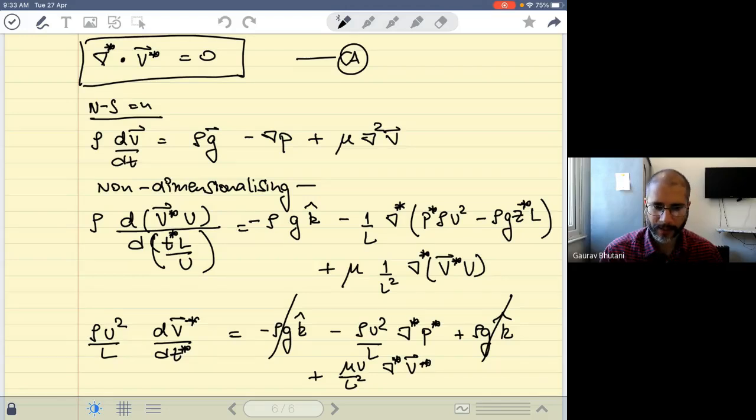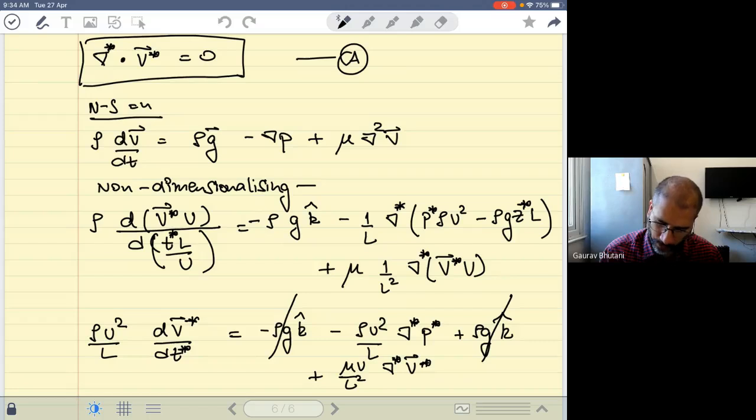We are substituting this p star, which we are defining ourselves, so we can define it the way we want. In this case, this results in the gravity term getting cancelled out. In problems which have no significant effect of gravity, you don't need to use this term at all in defining pressure, P star.